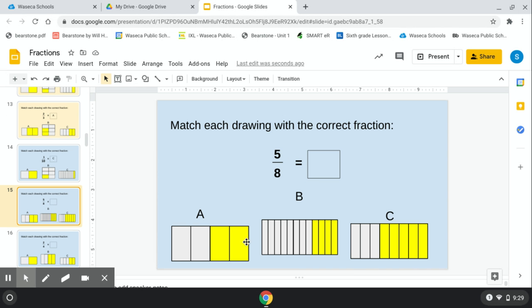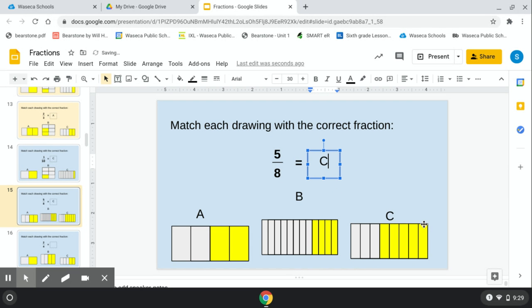Which one of these drawings, A, B, or C, represents 5/8 of it shaded yellow? C would be our correct answer because we have 1, 2, 3, 4, 5 parts shaded yellow, and there are 1, 2, 3, 4, 5, 6, 7, 8 equal parts in the rectangle.